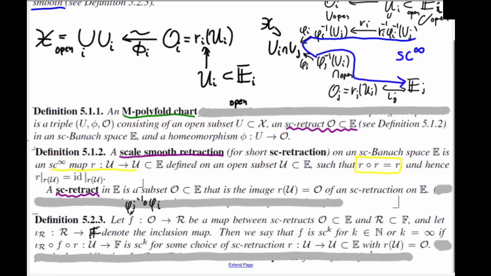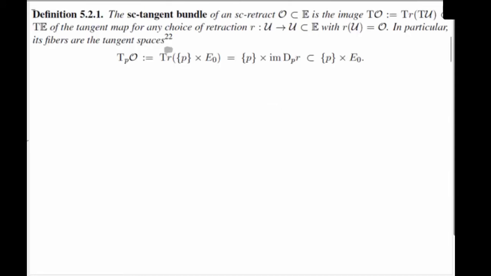There are many more questions of how this actually makes sense as a local model for any kind of suitable generalization of a Banach manifold. And one obvious question is, what about tangent spaces? There's a nice observation here that tangent spaces totally make sense.